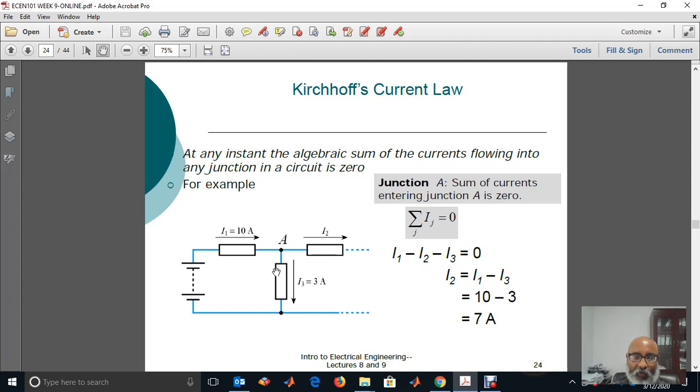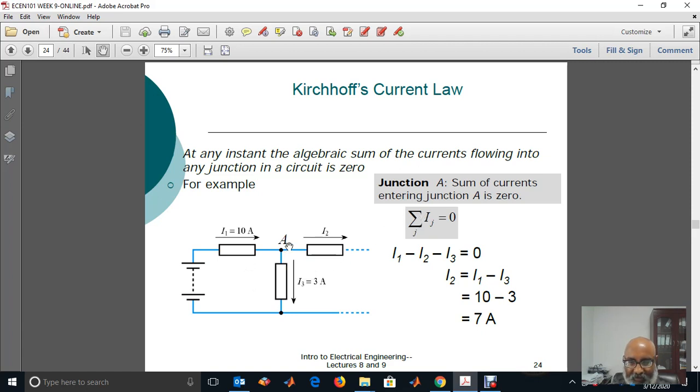Here we need to consider the current directions when we do the total current summation. If we assume the current entering as positive, then we should say the current leaving is negative. Or if you assume the current leaving as positive, then the current entering should be negative, and vice versa.